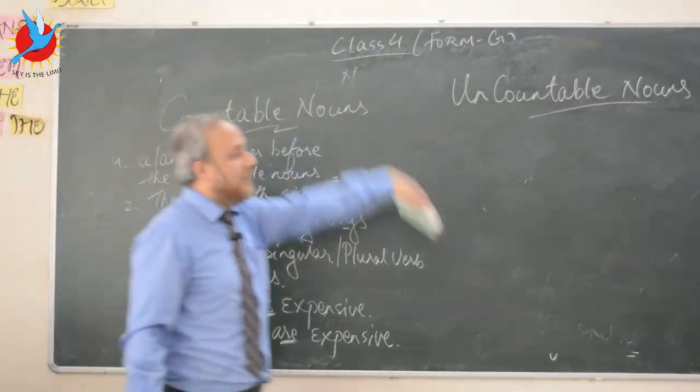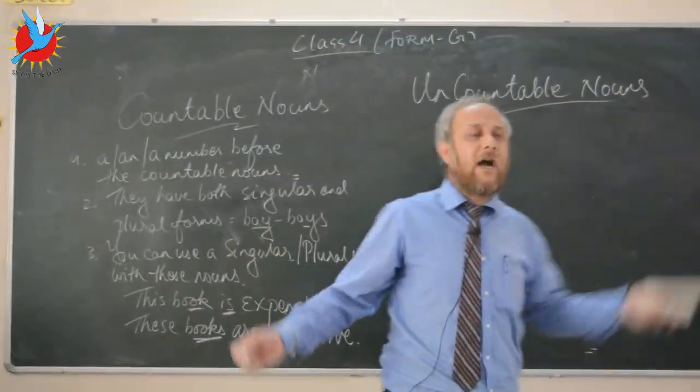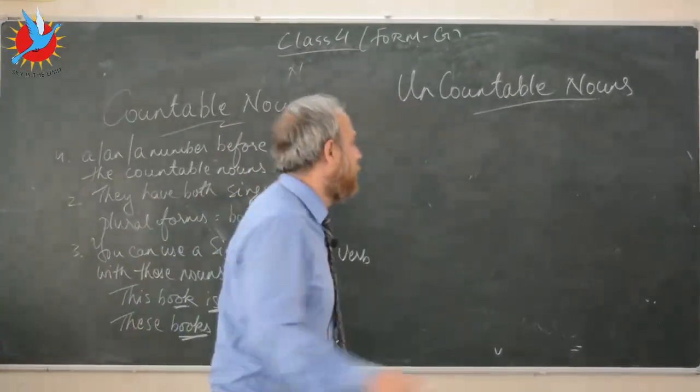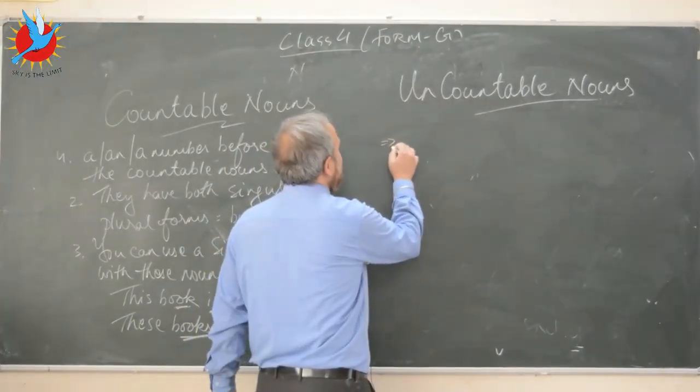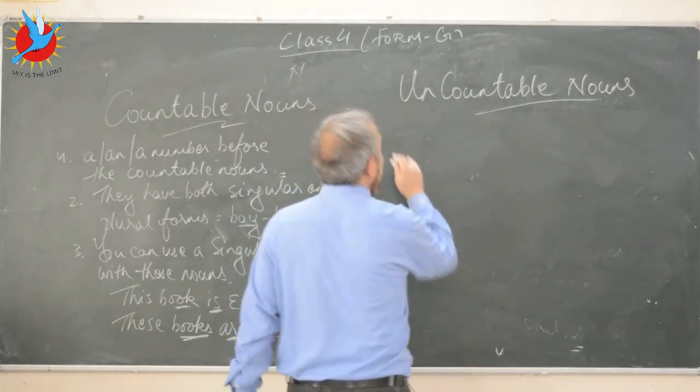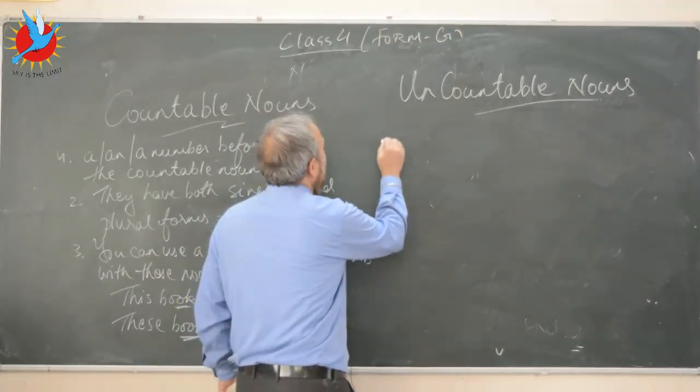Now let's move on to uncountable nouns. What do you mean by uncountable nouns? Uncountable nouns are nouns that you cannot count. For example, let's say happiness. Let me write down a few points for you.